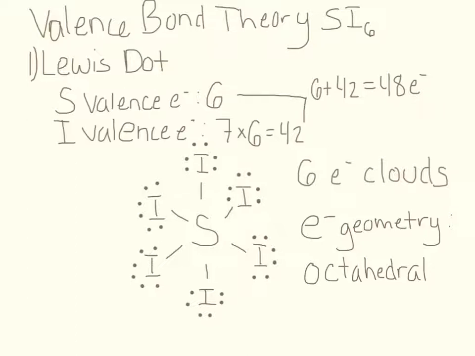So we look at the Lewis dot structure, and we see that there are no lone pairs, but there are 6 iodides surrounding the sulfur. The 6 iodide will represent 6 electron clouds, and with 6 electron clouds, we can then determine the electron geometry, which will be octahedral.